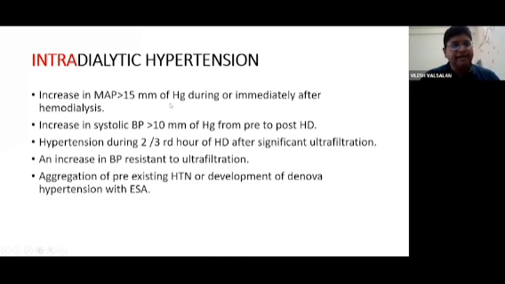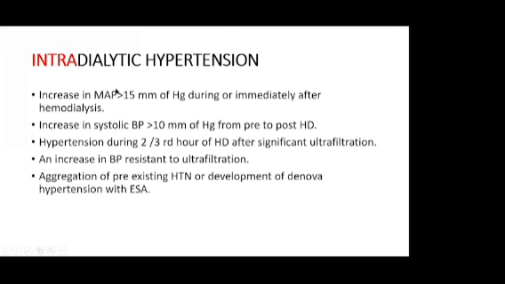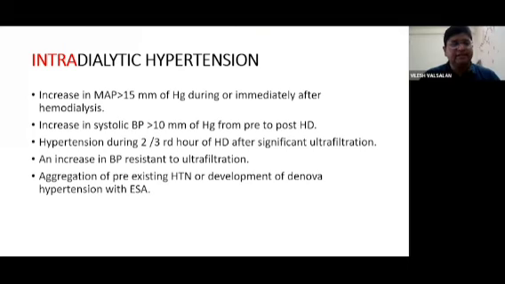When you look at intradialytic hypertension, there are many definitions outlined, of which very important ones are: an increase in your mean arterial pressure of more than 15 millimeters just during or immediately after hemodialysis; an increase in the systolic blood pressure of more than 10 millimeters of mercury from pre- to post-dialysis; or, despite significant ultrafiltration during hemodialysis, you are still having hypertension at the end of the second and third hour.